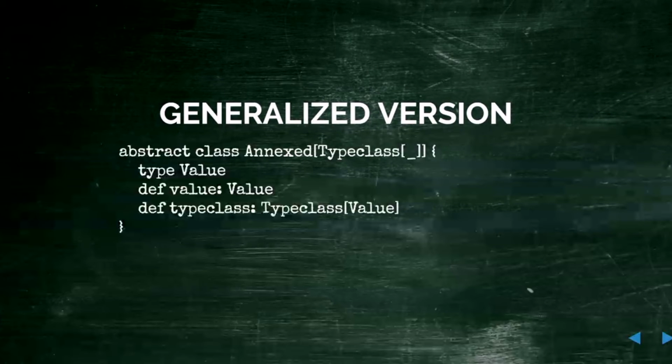This is a type class type, so it itself takes a parameter, but we're not going to specify what that parameter is. So this might be something like Show, if you're familiar with Show from Cats. We've got the type of the value, and then we're going to be able to access the value and access the type class from an instance of Annexed.